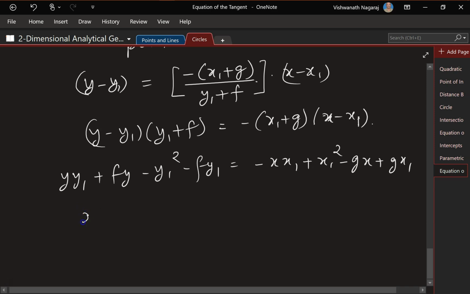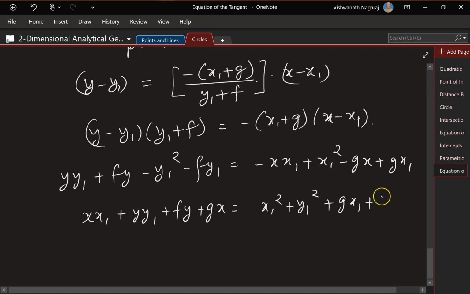Minus becomes plus x1 plus y1 plus fy, and then minus g becomes plus, is equal to x1 square plus y1 square plus gx1 plus fy1. Okay, so we got this in this form.